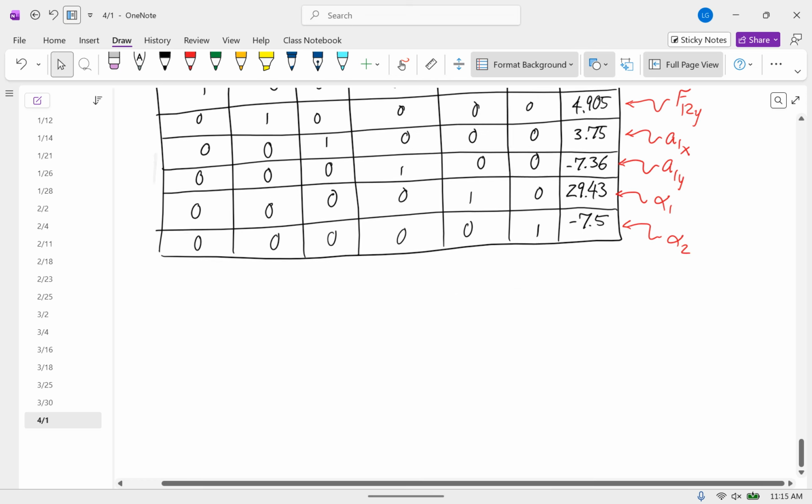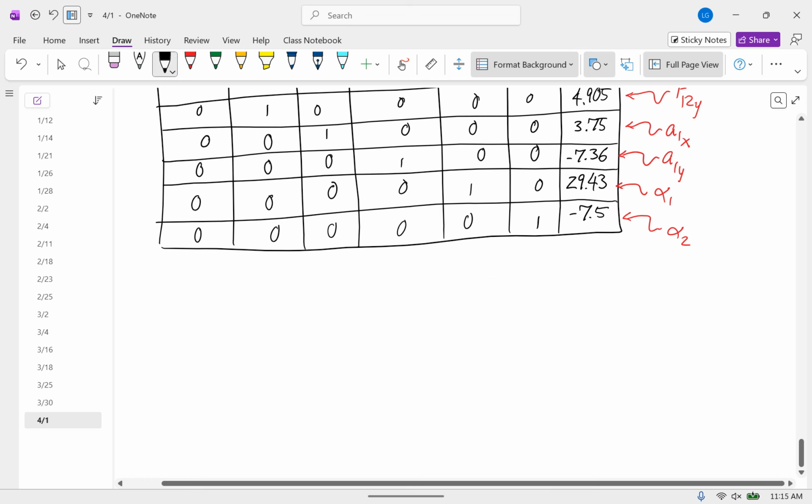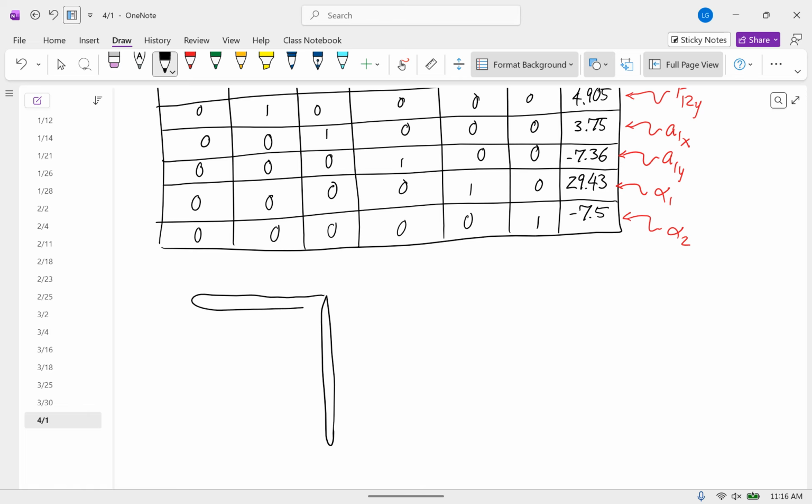Okay, so what that says is this was our setup. And it says that the body connected to the ground is going to have a clockwise angular acceleration of 7.5 radians per second squared.